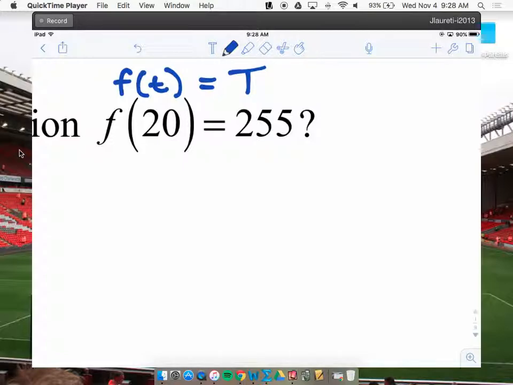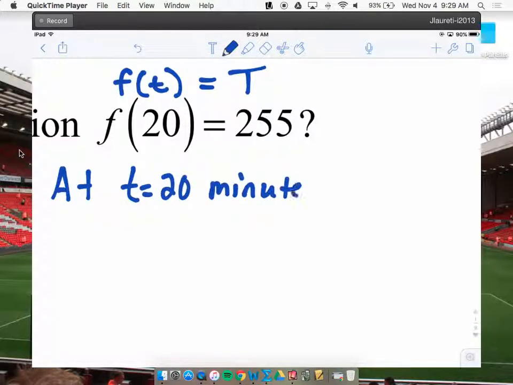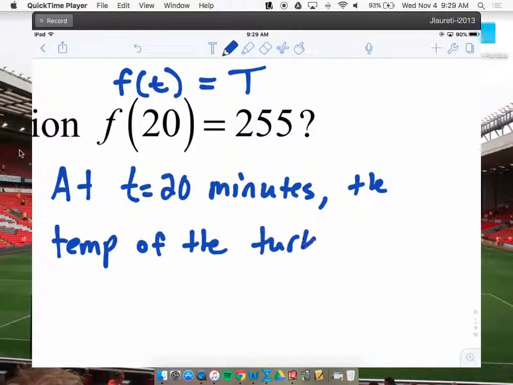Since we're talking about putting a turkey into an oven, this is saying that after the turkey's been in the oven for 20 minutes, the temperature of that turkey is going to be 255 degrees Fahrenheit. So you could say at t equals 20 minutes, the temperature of the turkey is 255 degrees Fahrenheit.